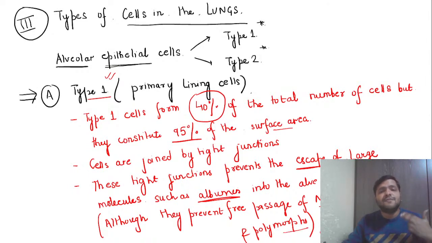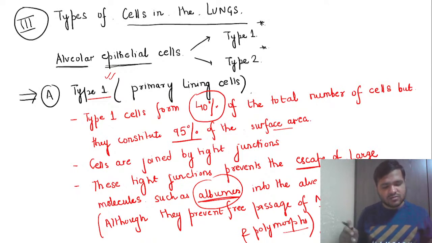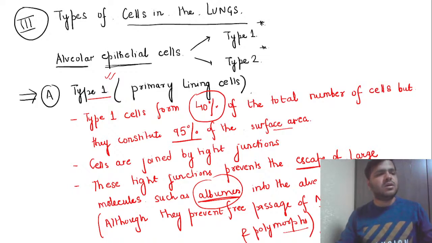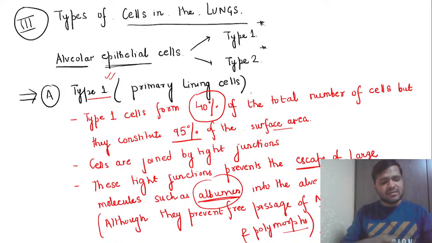So they allow the free passage of these cells through these junctions. However, they don't allow albumin to go directly into the alveoli. So this is something about type 1, or we can say the primary lining cells of the lungs. Is it clear to each and everyone, guys?